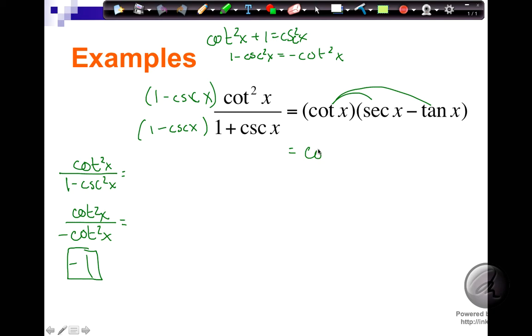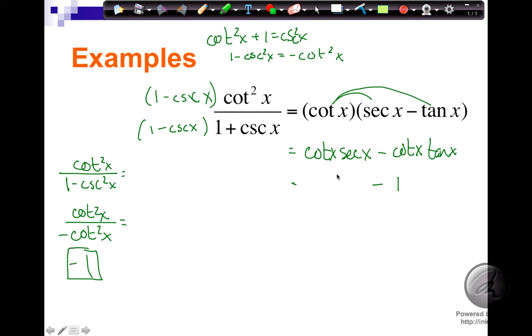So this becomes cotangent x secant of x minus cotangent of x times tangent of x. Well, cotangent of x times tangent of x, we know that those are reciprocals, so therefore that is 1. I don't know what to do with cotangent and secant.